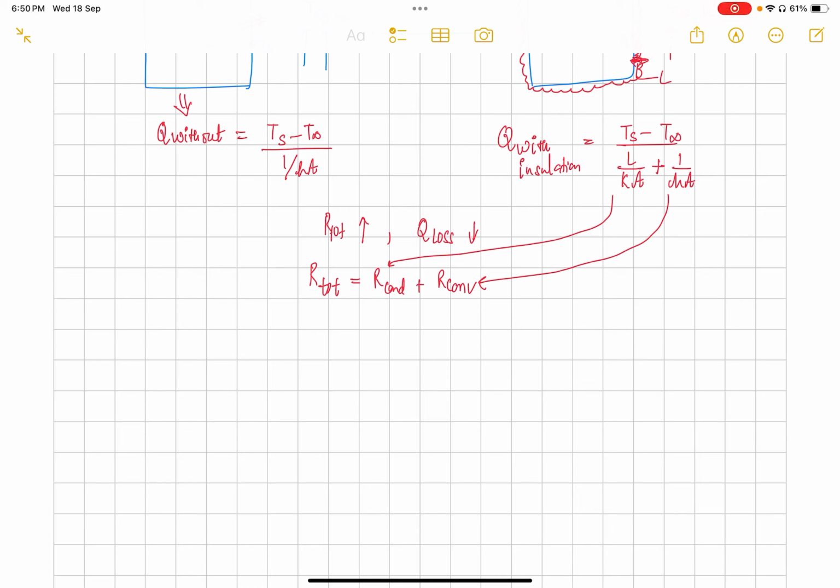The heat loss from any body in general is due to convection and also radiation. But in this section we are neglecting the radiation.